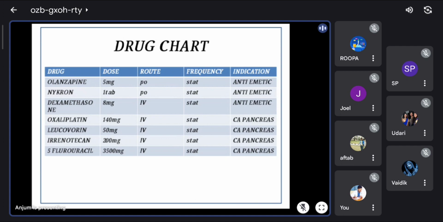In moderate we have doxorubicin, lower doses of cyclophosphamide, and ifosfamide. In low emetogenic we have pemetrexed, and methotrexate also comes under low emetogenic drugs.